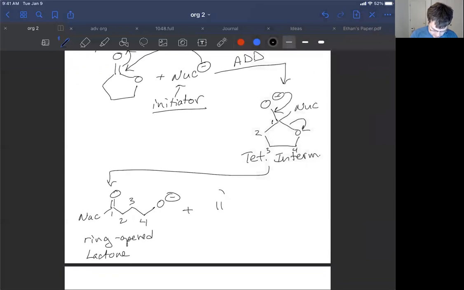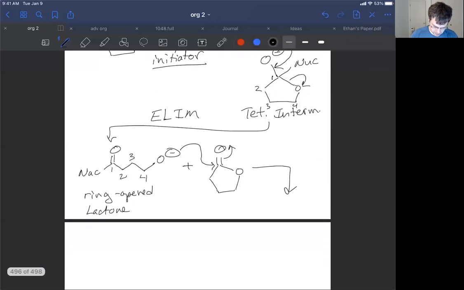What's going to happen next is that oxygen is going to be the nucleophile that then ring opens another lactone. So we can add to the carbonyl carbon, and we're going to do the exact same thing. We're going to first add. I guess I have to draw that carbonyl carbon upside down.